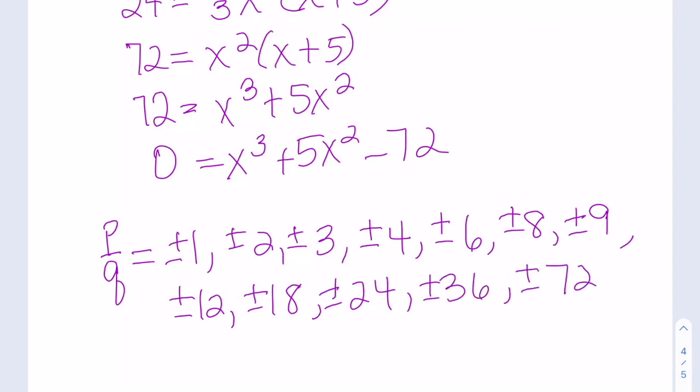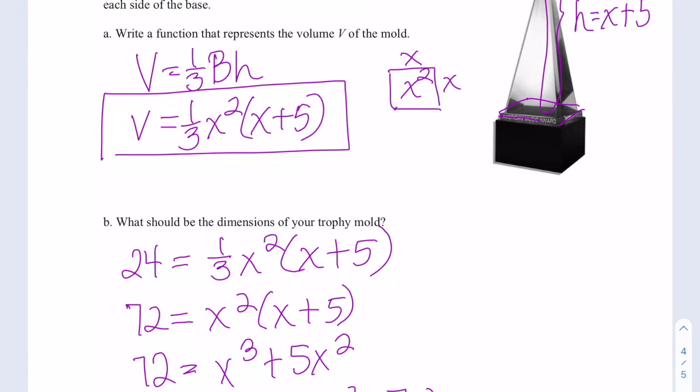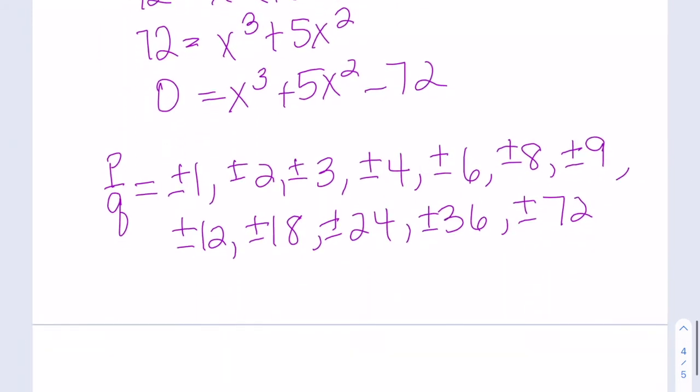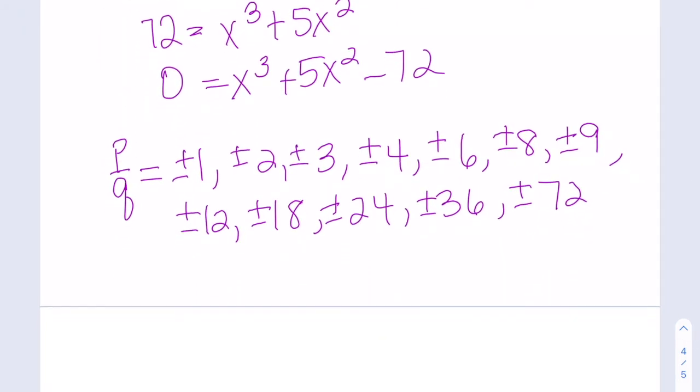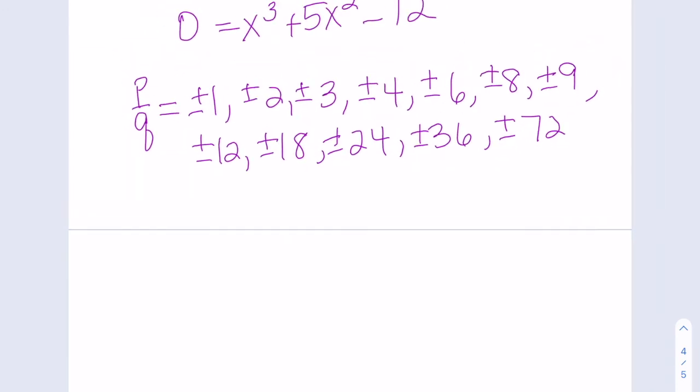Now remember, our x, what we're solving for, has to be one of those side lengths. So we definitely know it's not going to be a 72, right? Because for the total volume, we'd have to square that, and 72 squared is already big. If we divide it, we can't get close to 24. So it has to be a smaller number. So I'm going to pick a smaller number, maybe 6.